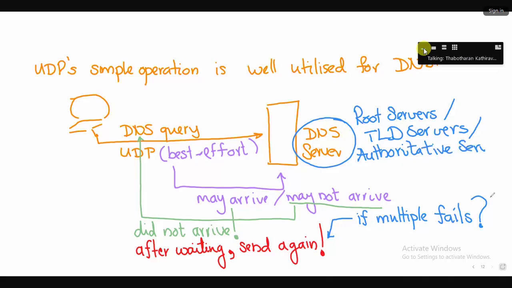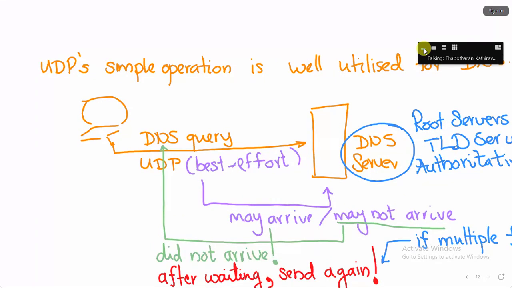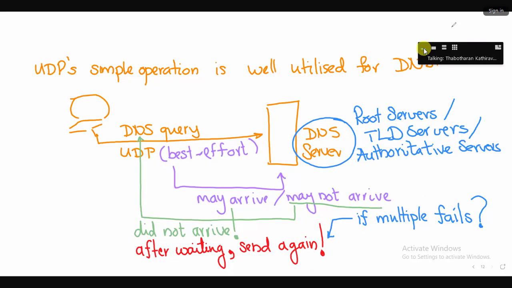All these, what do we know about them? There are multiple such servers. So even if it fails, we can send a request to another one.